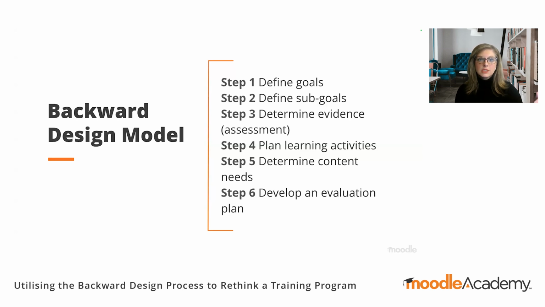So the first step of the backwards design model is to define goals, and this can be applied at any type of job situation, any type of learning experience, whether you're teaching in a school, or training in corporate or government agencies.